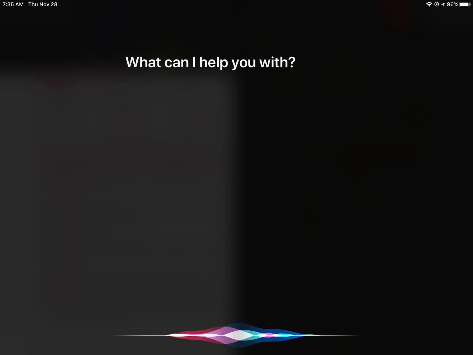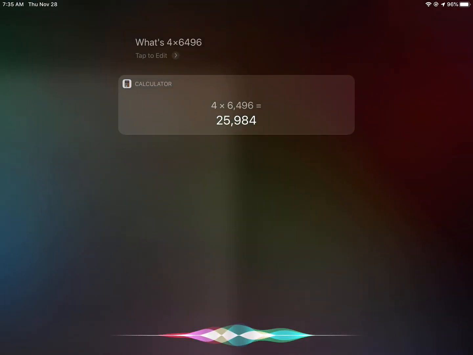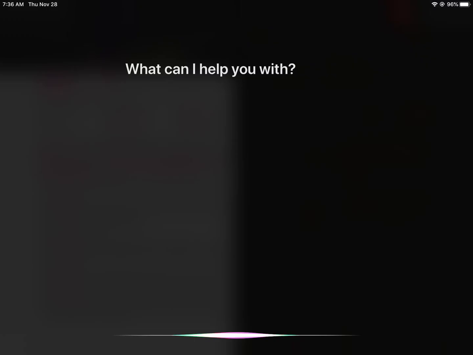And we're going to end up having a plus because minus and minus becomes plus. So plus 25,984. We take the square root of that all over 2.